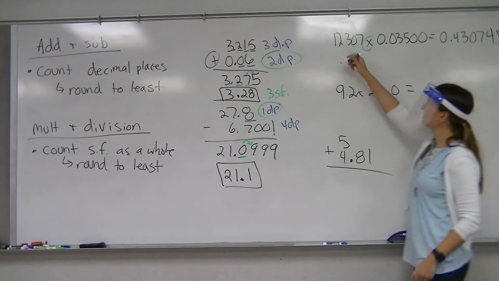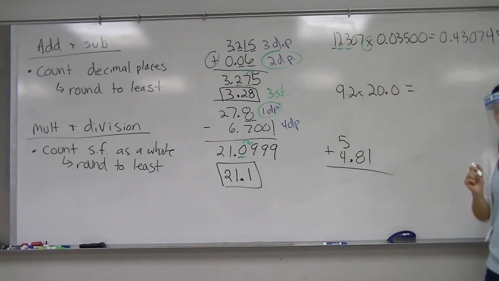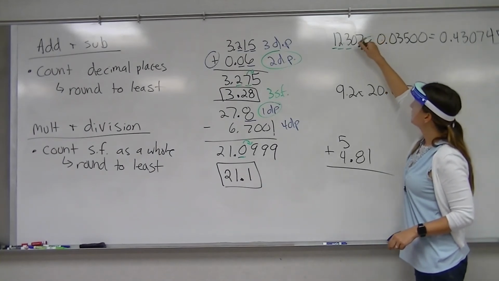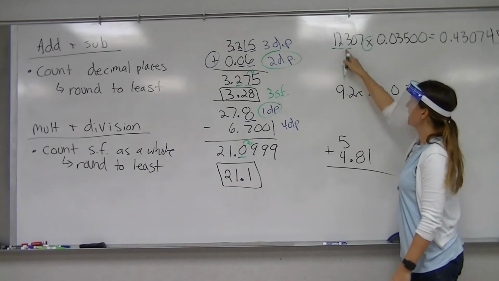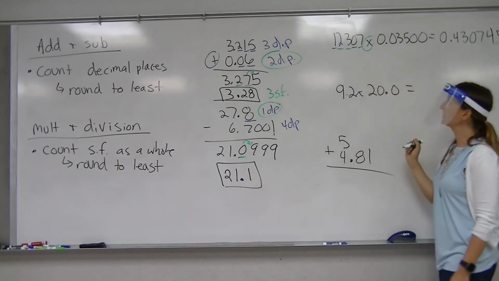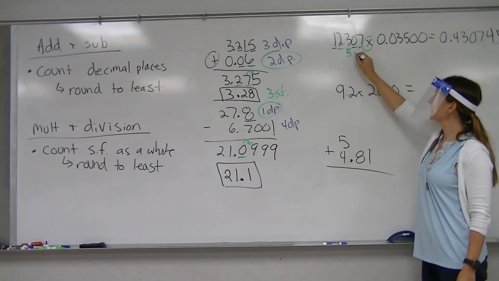So looking at the numbers as a whole, the 1 and the 2 and the 3 count because they're all not zeros. Does this 0 count? Well, it counts for more than one reason. It counts because there's a decimal place and it's also between two non-zero numbers. So we have a total of 5 significant figures there.